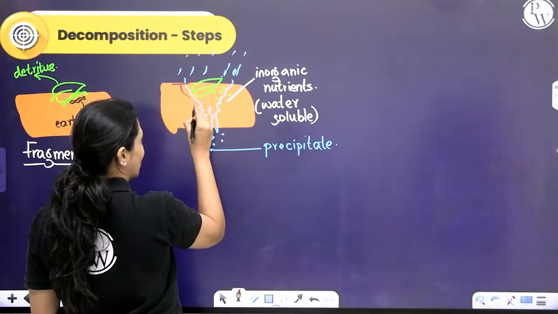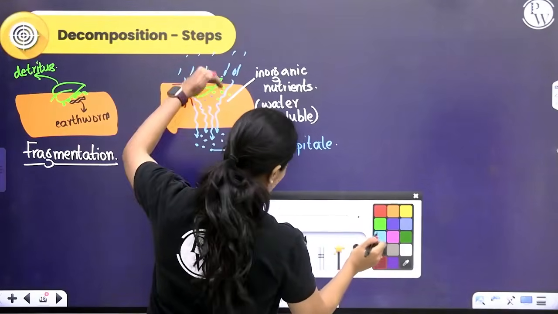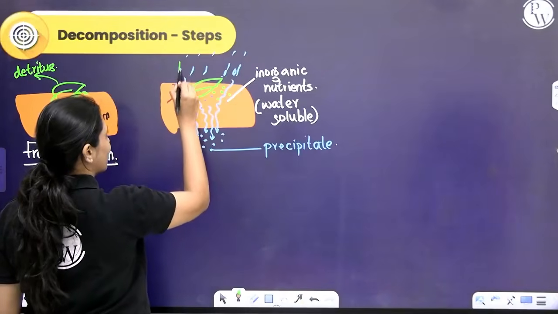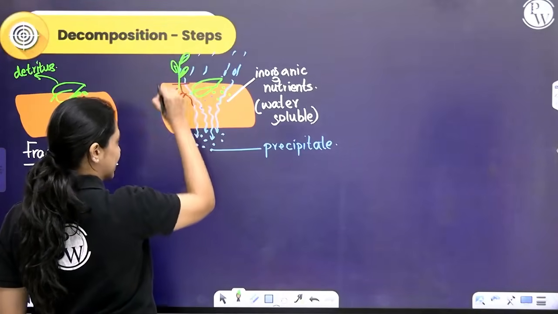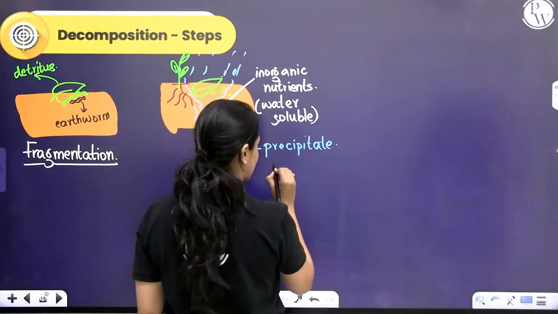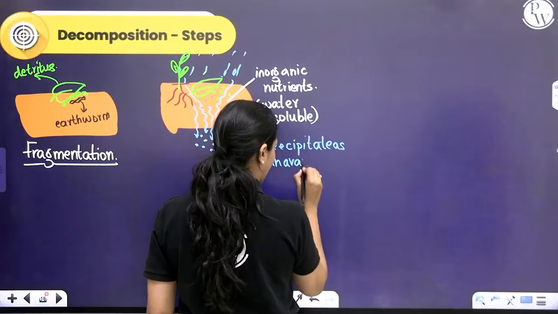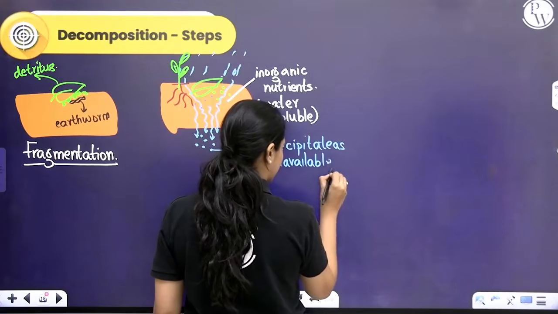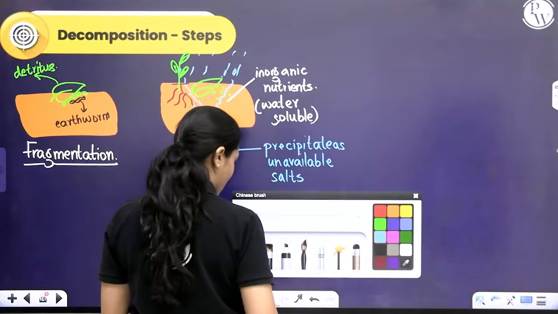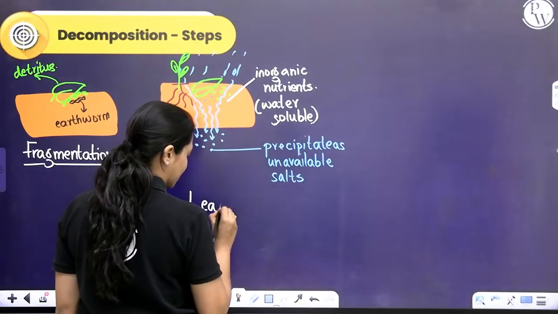Let's say there's any plant that is growing here, its roots are there. So this will go so deep within the soil horizon that it will not be available for these plants. It will get precipitated as unavailable salts. This process is called leaching.